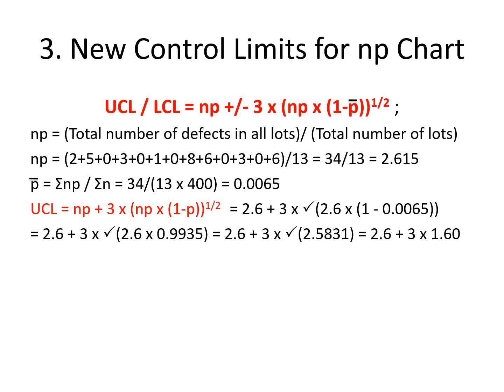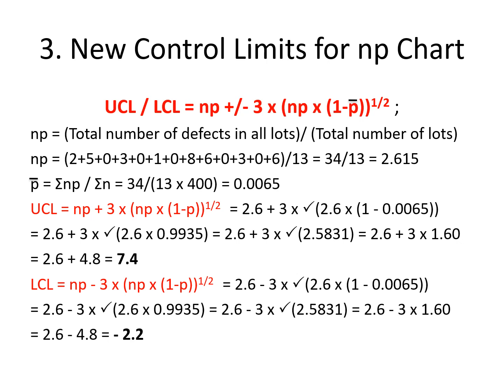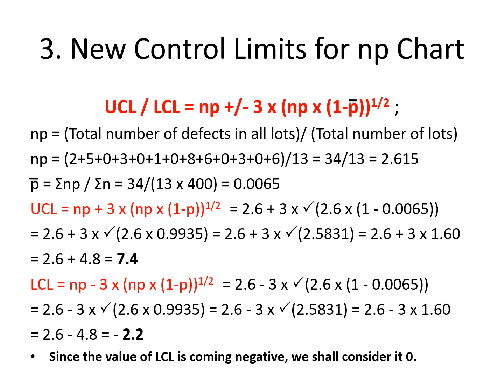So we get 2.6 plus 3 times 1.6, which comes to around 7.4. Similarly, for the lower control limit, we take NP minus 3 times the square root of NP into 1 minus P, which comes to minus 2.2. Again, since the value is negative, we shall take the lower control limit as 0.